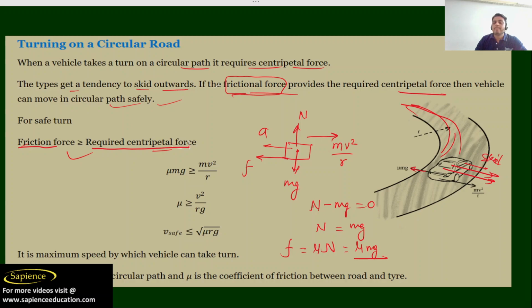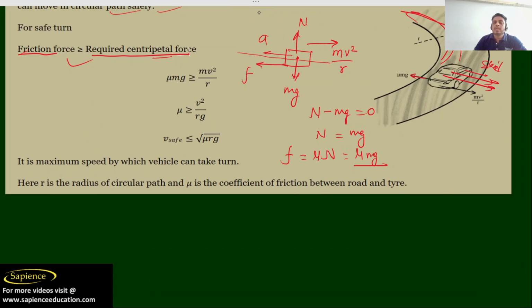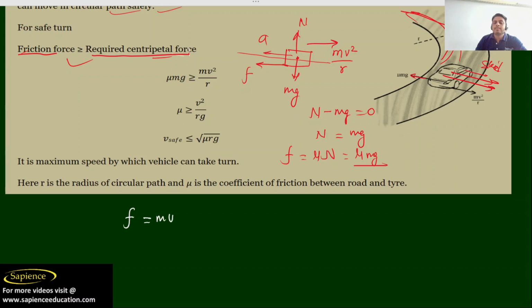Now when I talk about the horizontal axis, what are the equations guiding here? In the horizontal axis, the frictional force F is equal to mv square by r. For a safe journey, the friction force F must be greater than the required centripetal force, that is mv square by r.